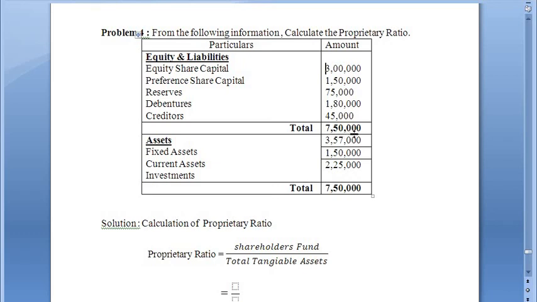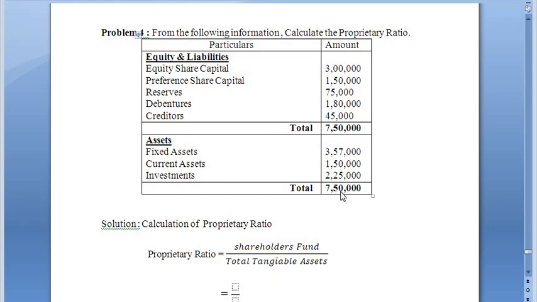Total is 7,50,000. Whereas on the asset side they have given the amount of fixed assets, current assets and investments: 3,57,000 fixed assets, current assets 1,50,000, investments 2,25,000. Total is 7,50,000.